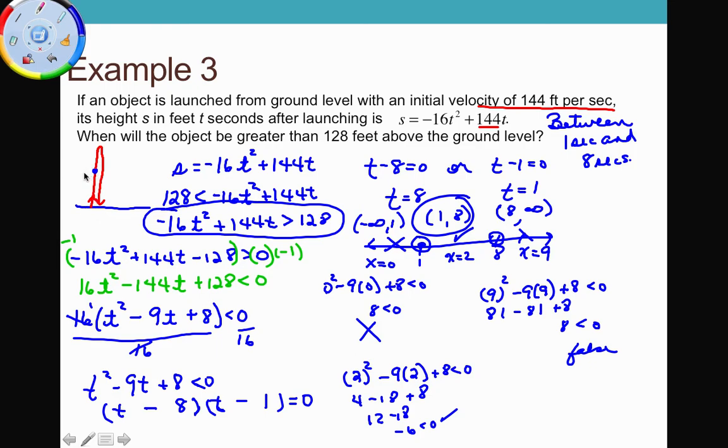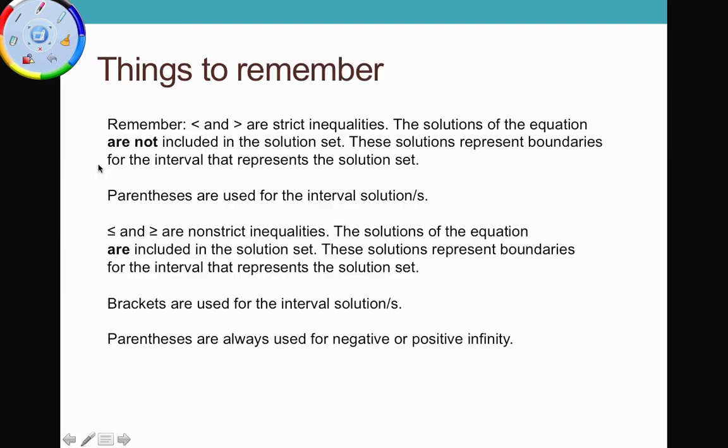Okay, so this is that 128 feet. So from here, it's higher than 128. Here is that 8-second mark. So between those two times, our projectile is above 128 feet from the ground.